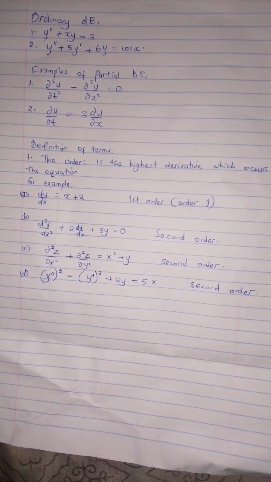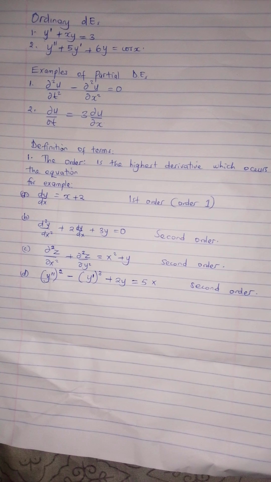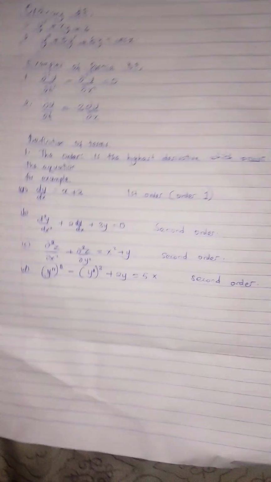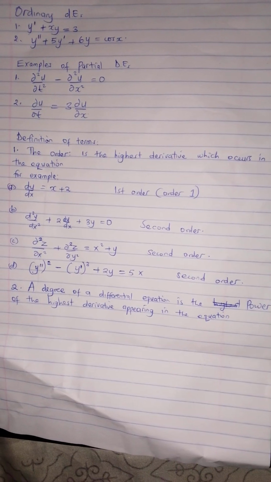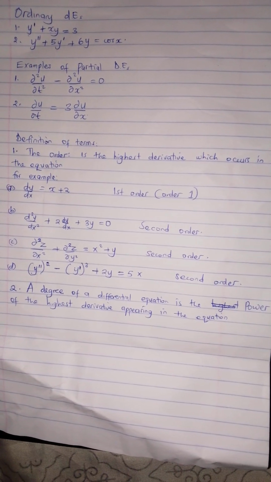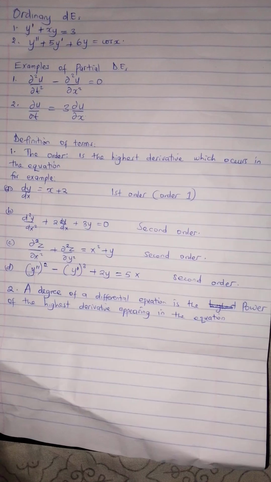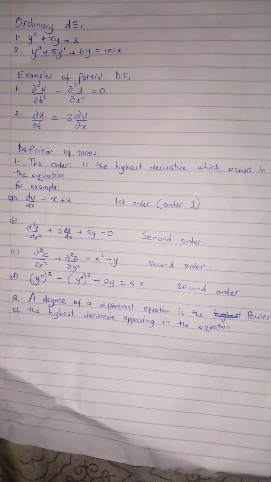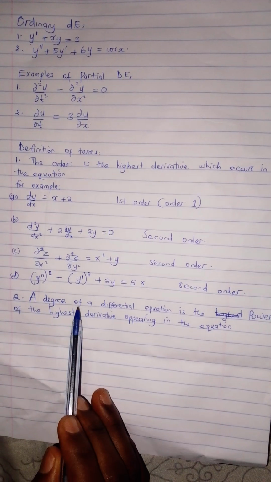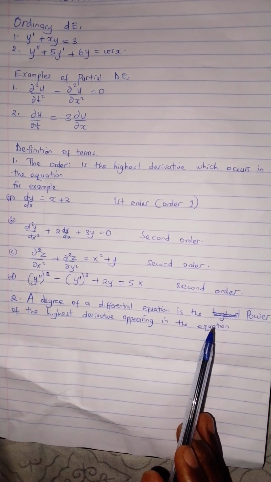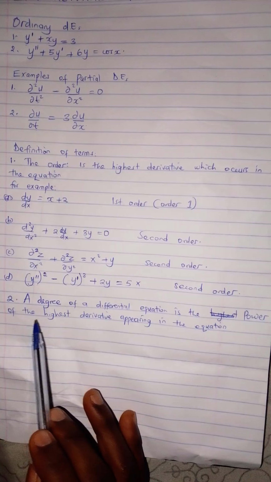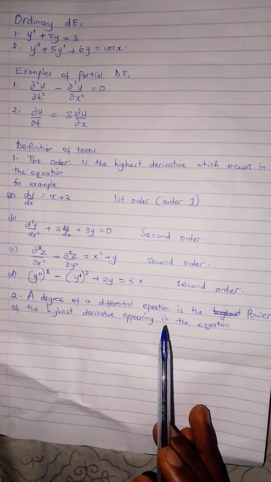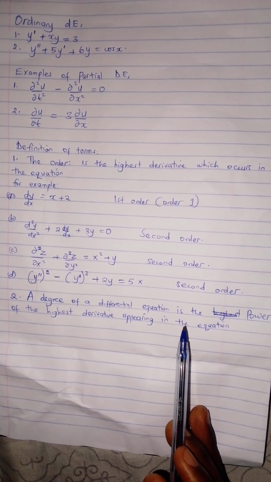And we also have another definition. We have what we call a degree, and we see that a degree is the power of the highest derivative appearing in the equation.